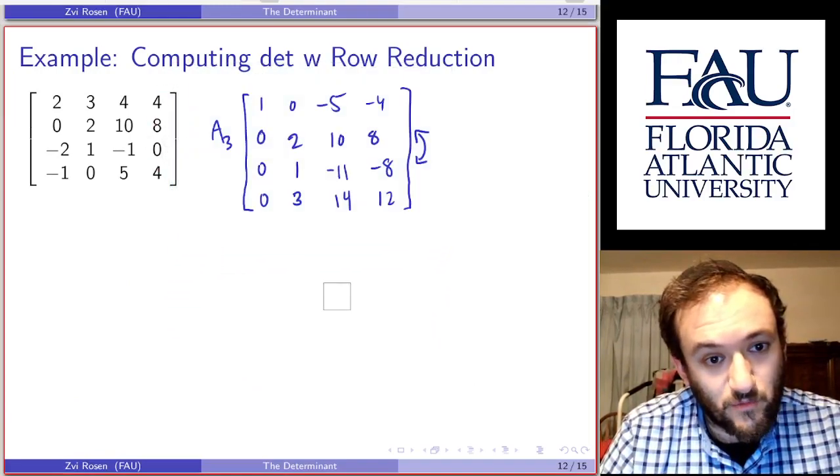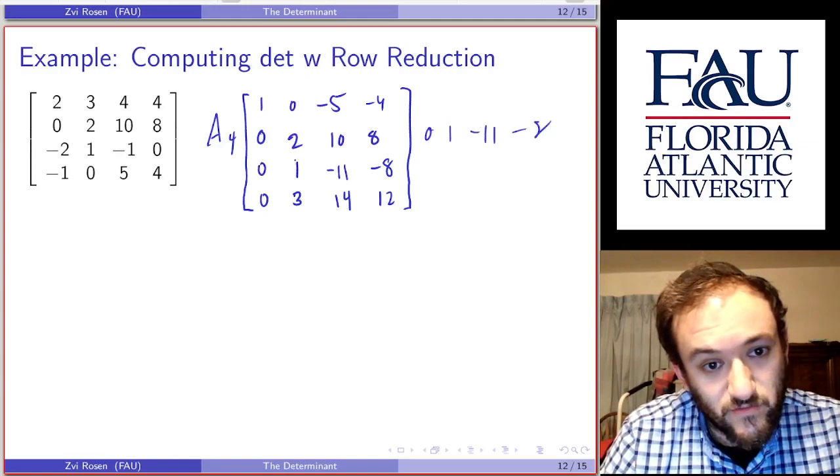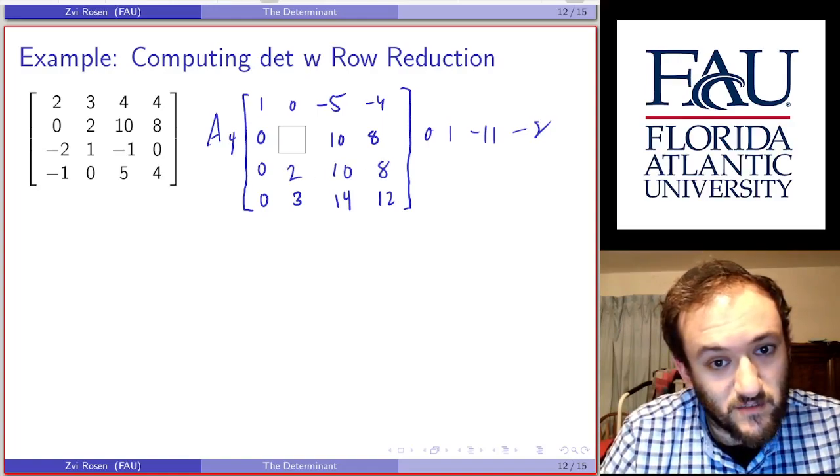What we get when we do that is A4. This will be 0, 1, -11, -8, and we have 2, 10, 8 down here, and this is going to be 1, -11, -8.